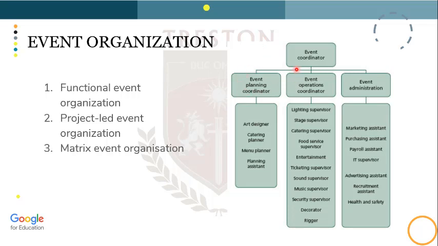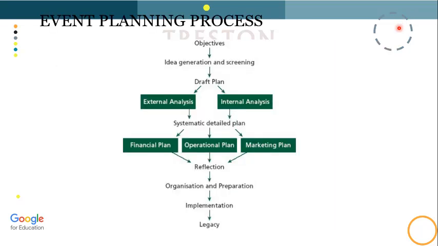For example, you have the event planning coordinator, who is in charge of the art designer, catering, menu planner. During the operations, you have the light supervisor, normally the one in charge of the day of the event. Then you have the administrator: marketing, purchasing assistant, payroll, IT. They're usually called the back end support, the event administration. So this is a type of functional event organization.